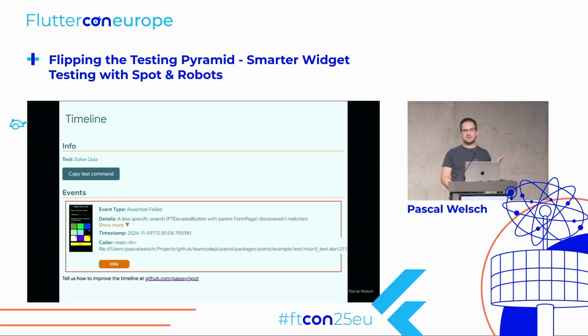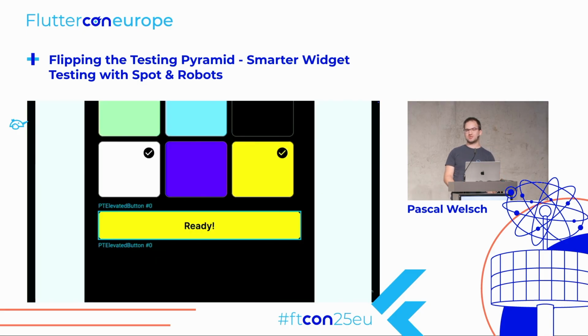And suddenly, there's a screenshot of what actually failed here. And we can click the screenshot and get an annotation. Oh, yes, we found this button. This button is there, but the text is different. Oh, yes, of course, I probably made a localization error. Easy as that. You can see very, very quickly what's actually happening.